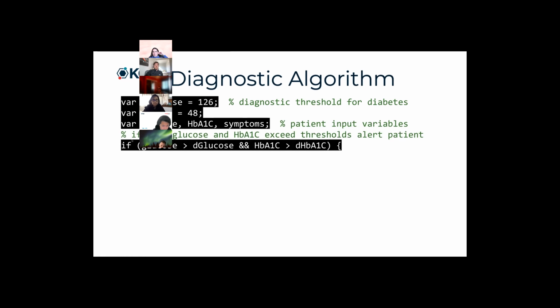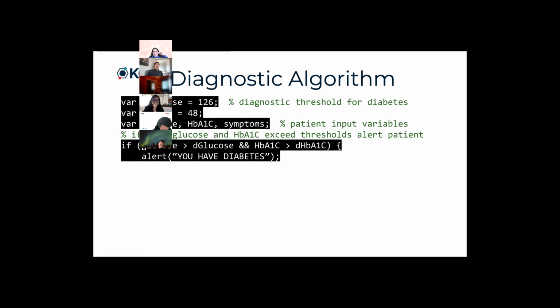So it says, if my patient input glucose is greater than my dGlucose, which was the threshold that I set, and my patient input HbA1c is greater than my diagnostic threshold, then send an alert that says you have diabetes.